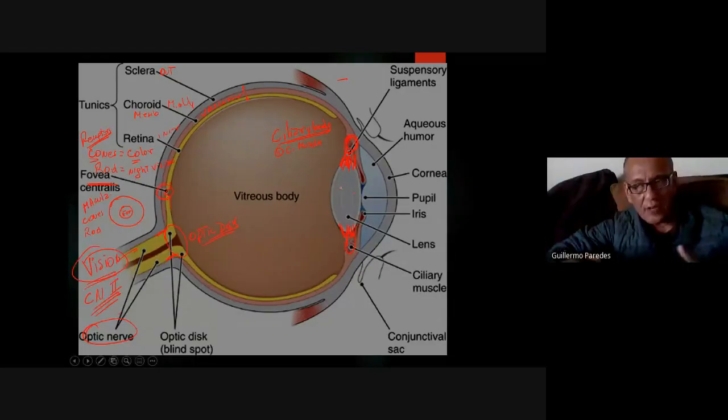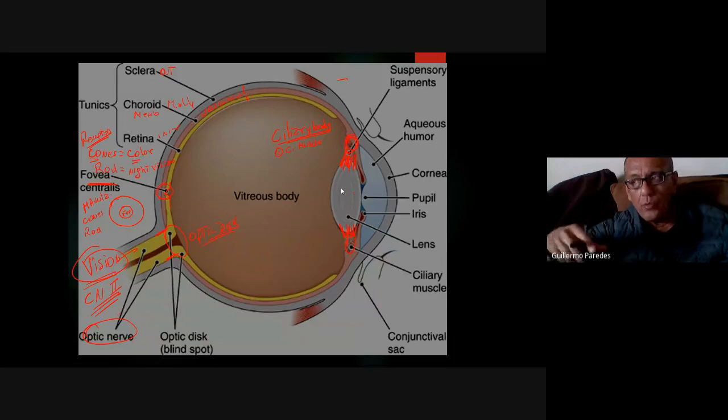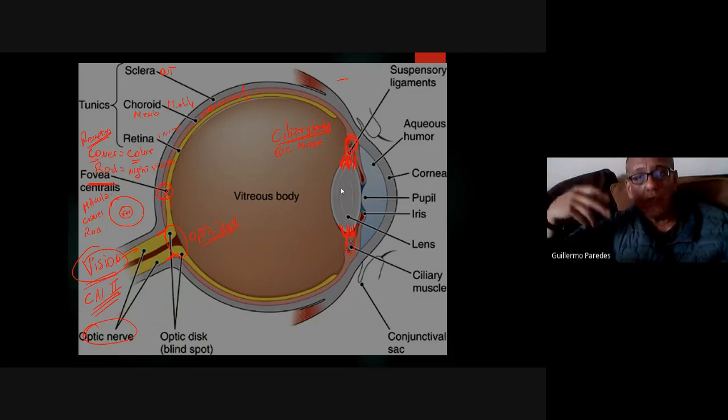The ciliary body is composed of three structures. Number one, the ciliary muscle, and the ciliary muscle is here. The ciliary muscle sends muscles to the lens, and these muscles are going to contract or relax, making the lens wider or narrower. The ciliary muscles help to focus, whether you want to see in the distance or focus on things near your eyes.